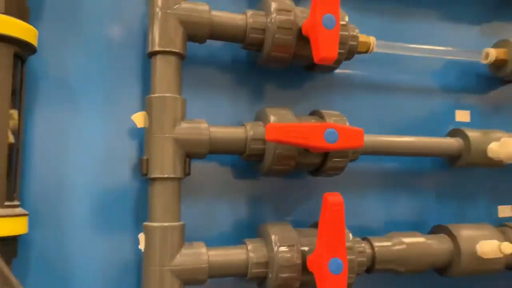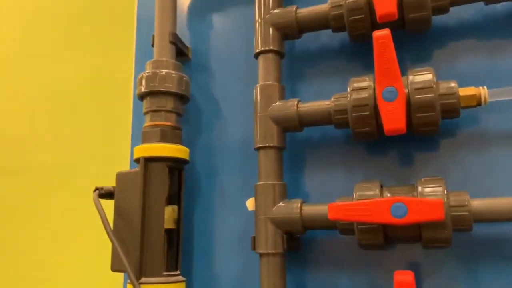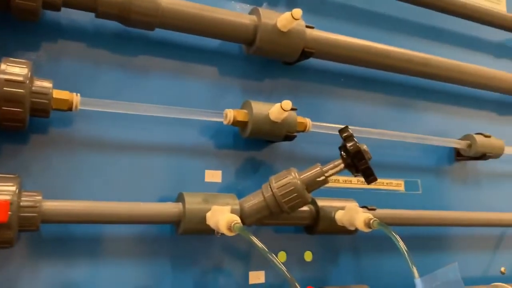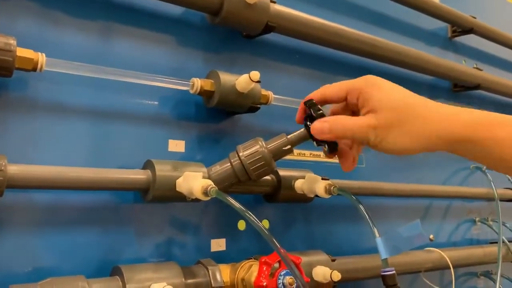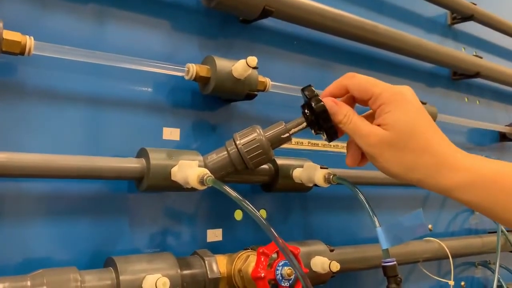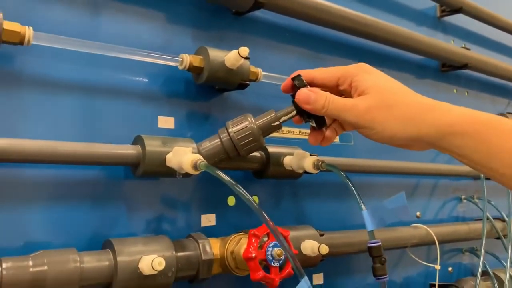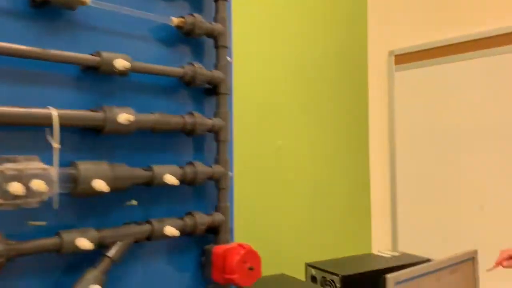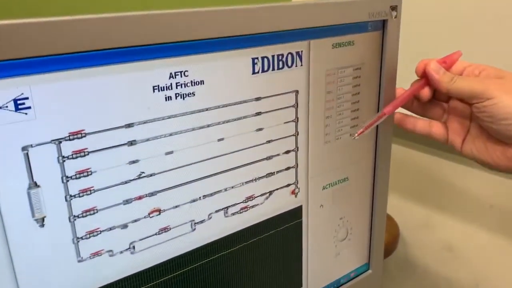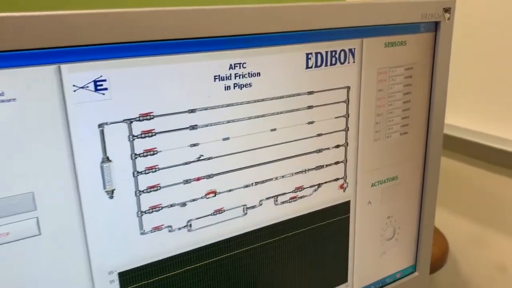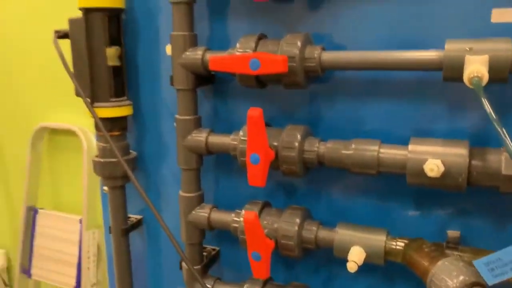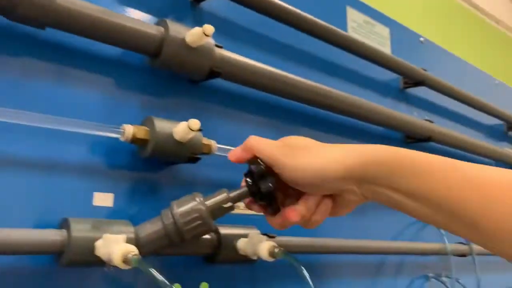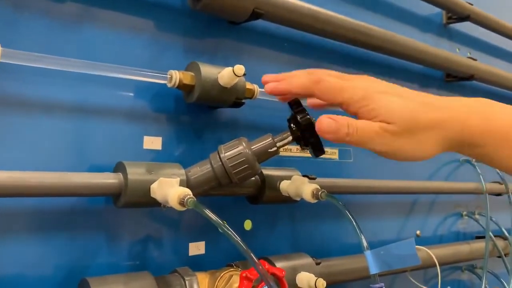We repeat the procedure: 2 turns, then take a measurement, and then 3 turns to take the measurements. We look at the pressure, still no change, and the flow rate. Each time we go down by 1 turn.